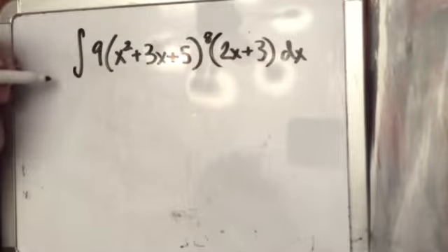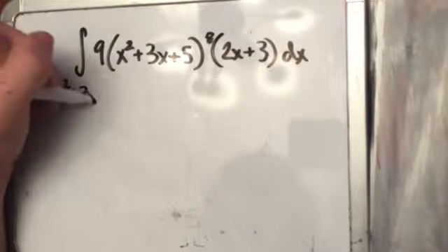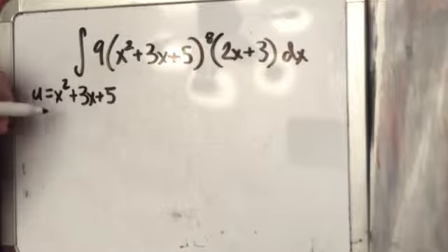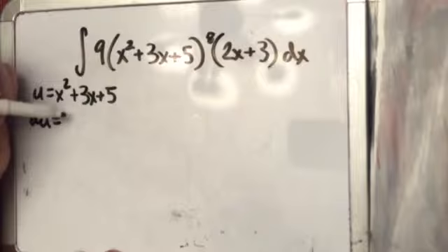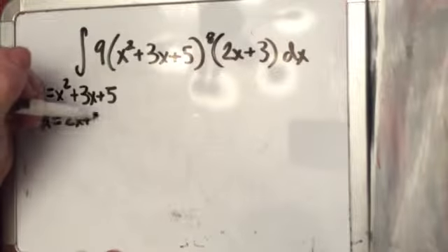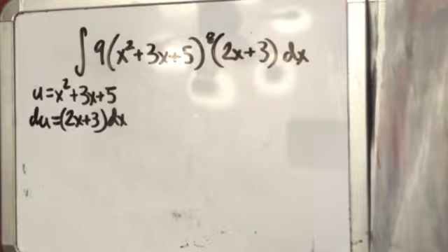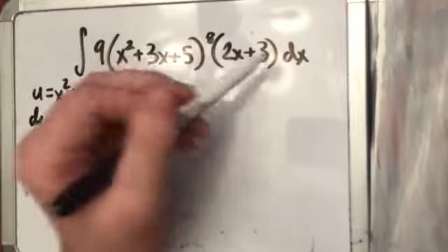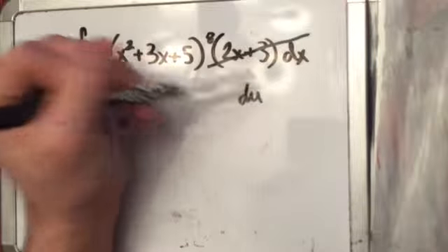So we're going to make u equal x squared plus 3x plus 5. And so that would make du 2x plus 3 times dx, which is not a very usual case at all, but that actually helps cancel out this whole part of the equation. So this is just du now.